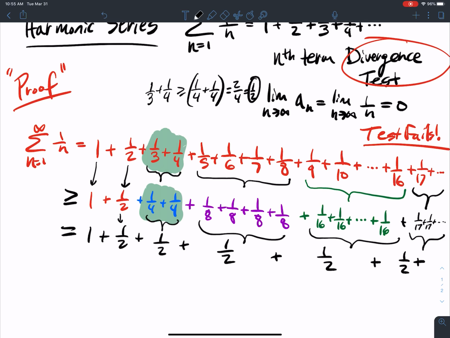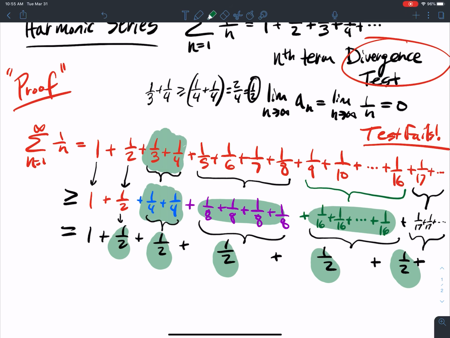You're adding 1/2, 1/2, 1/2, 1/2, 1/2 infinitely many times. You see how I can group them together to make it to where I add 1/2 infinitely many times? So that is the idea of what's going on there.